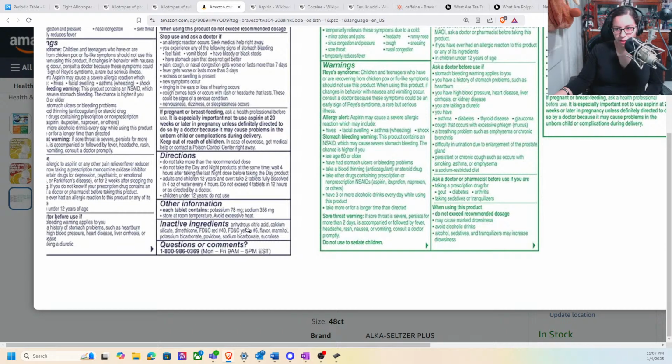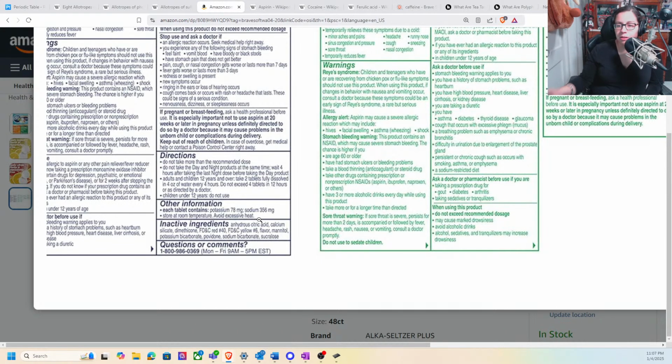So that's going to be our acid. And then probably some other preservatives in there. Notice red 40. But I'm looking for potassium bicarbonate and sodium bicarbonate. So that is our base to mix with our acid.